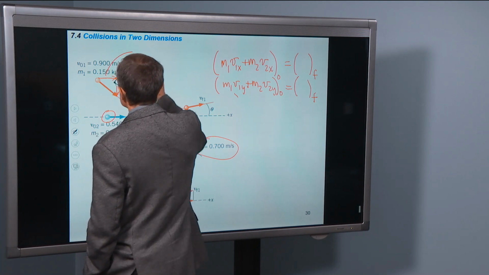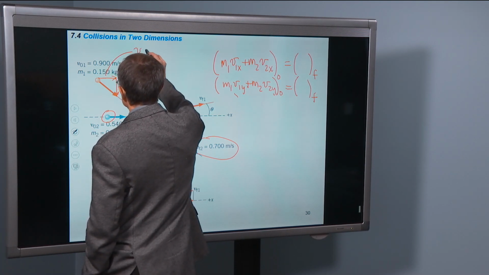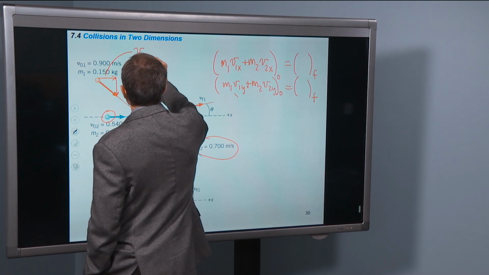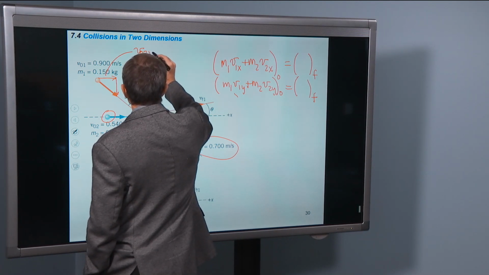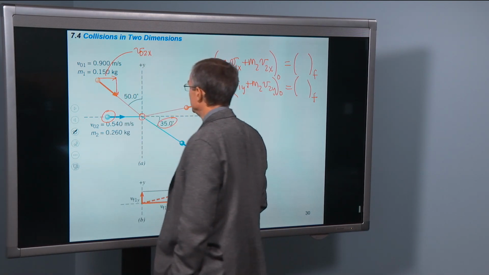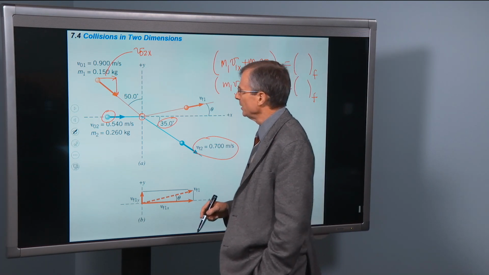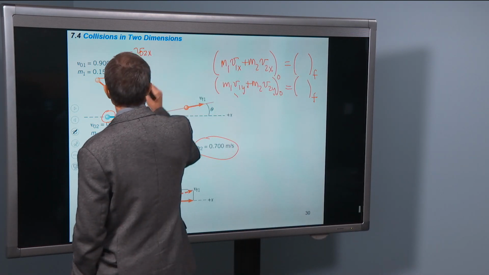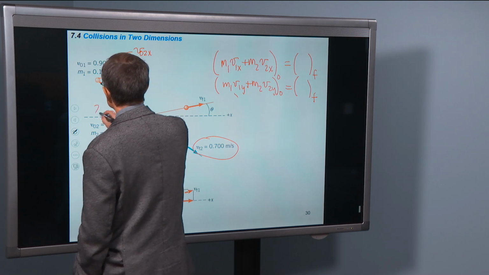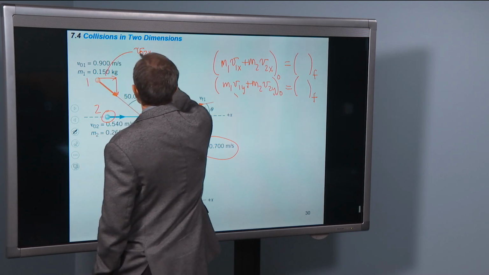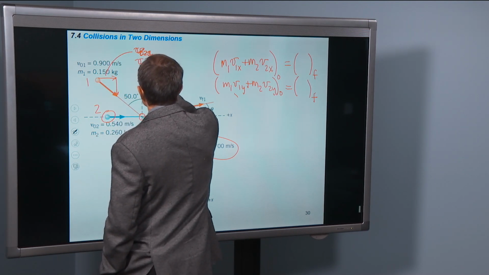So this is V_O2x, the initial velocity of ball, I'm sorry, this is ball 2 and this is ball 1. So this is initial V_O1x.